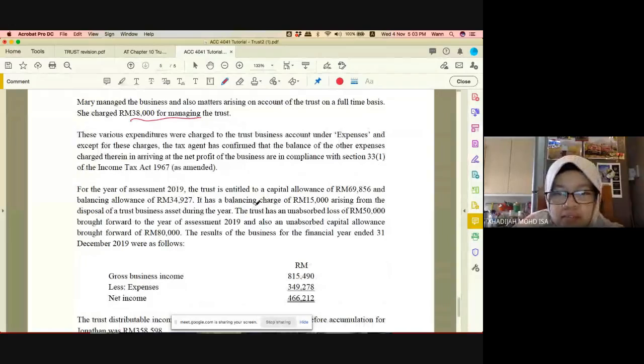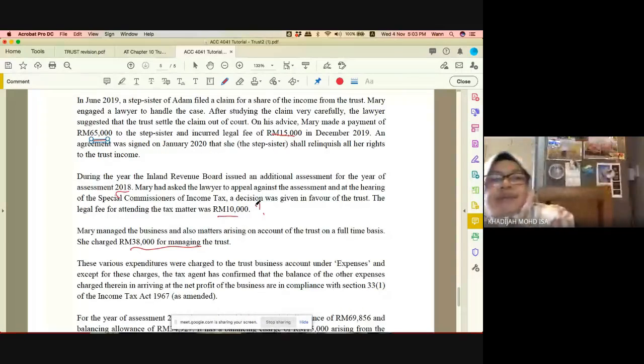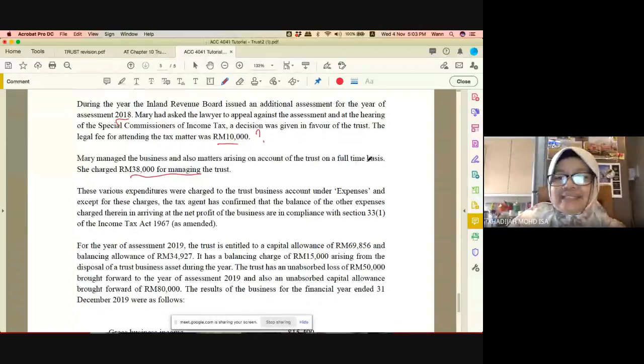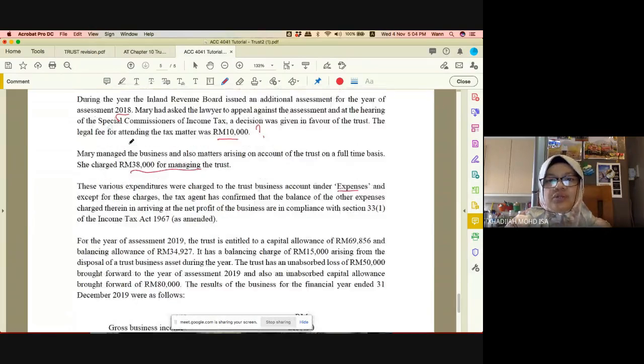Okay, what confuses is that it says the various expenditure charged to the trust business account. So all these expenses appear in your trust account under expenses. You will see payment for 10,000, payment for 38,000, payment for 15,000 and 65,000. So you have to decide.